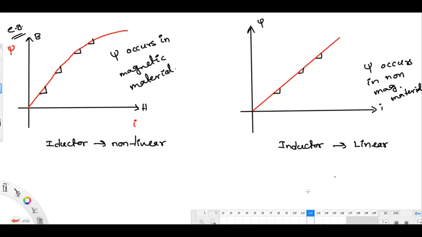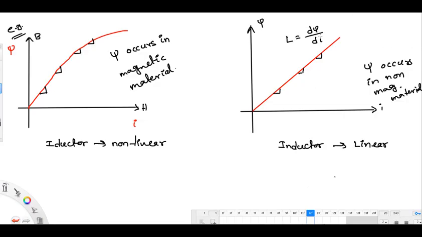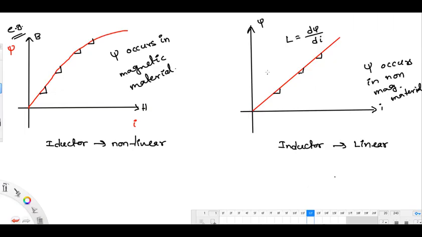Inductance is forever changing, no? In this case, inductance is constant, right? Inductance is the slope. That will be constant at all places. Oh, okay, sir, got it.